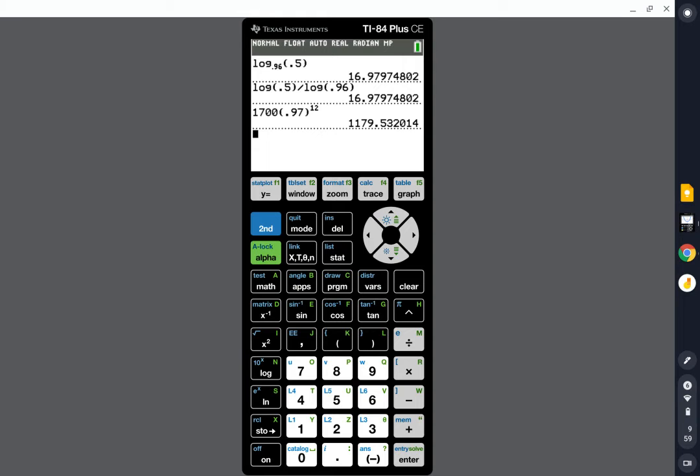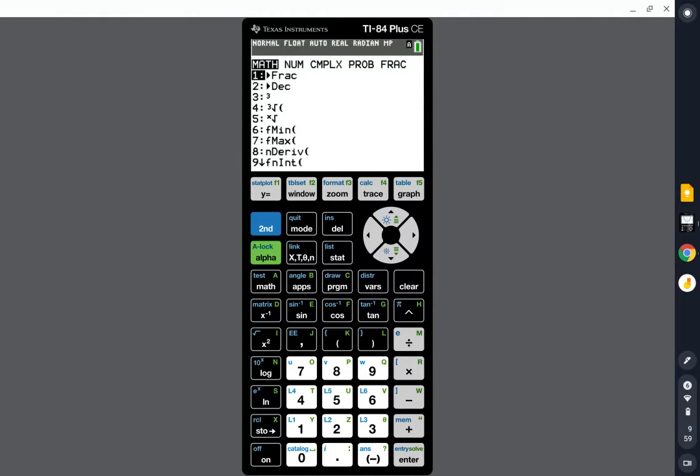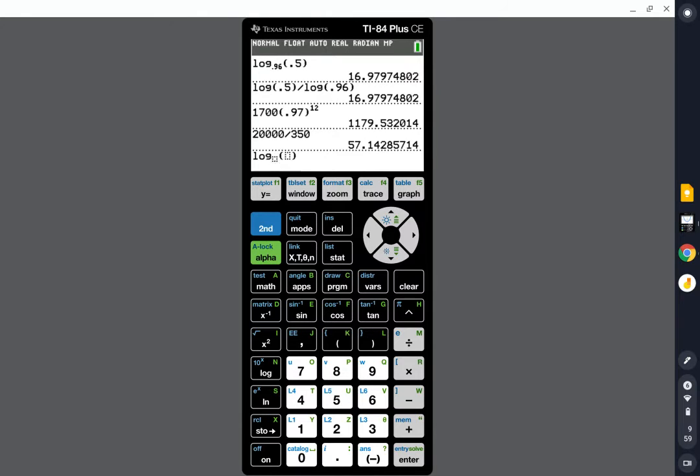So here we go. Calculator. First of all, there's the 20,000. I did it on my phone calculator, but here it is. If I want to trap that number, sometimes it's kind of nice. And now I need to do log with a different base. So I'm going to go math, alpha, math. And my log, the base was the 1.14, right?